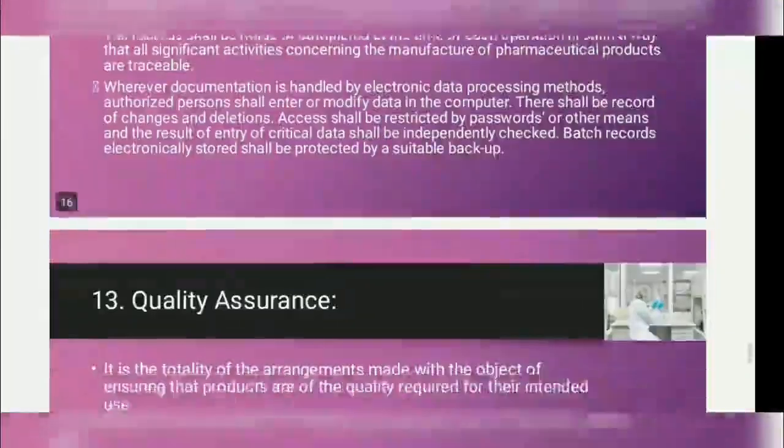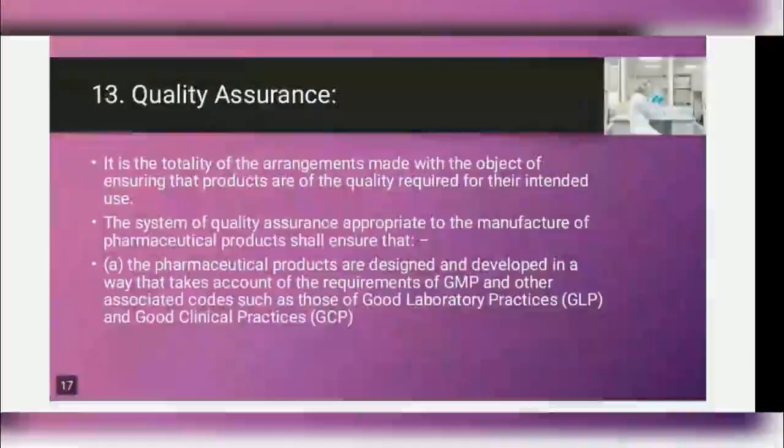Now come to the last topic of GMP requirements, that is quality assurance. So what is quality assurance? Quality assurance is the totality of the arrangements made with the object of ensuring that products are of the quality required for their intended use.